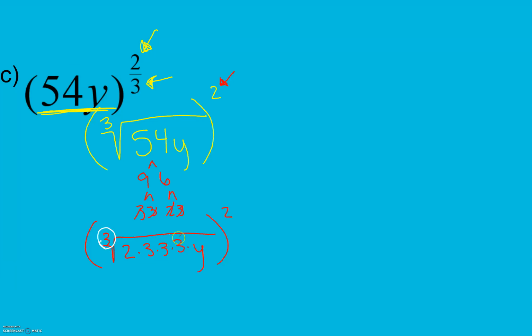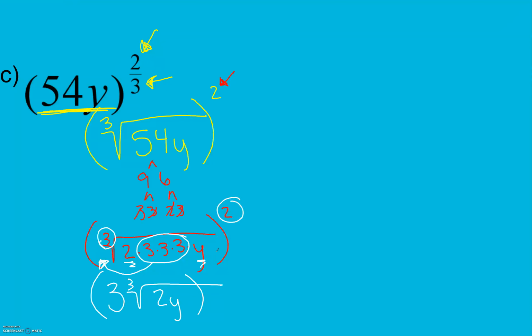I'm looking for groups of 3, so I take this group of 3 out of my radical. And everything that I still have inside stays inside. And then don't forget, it's still squared.